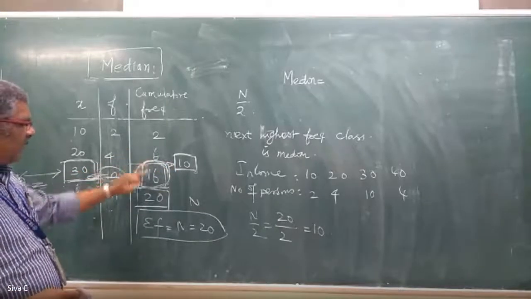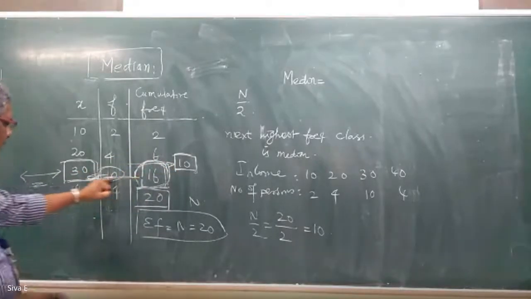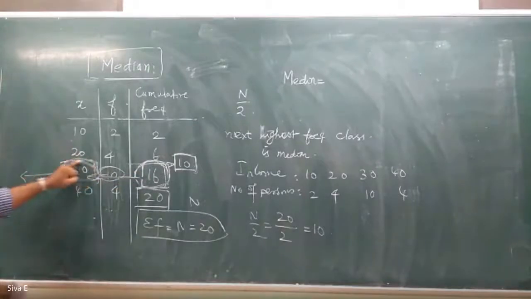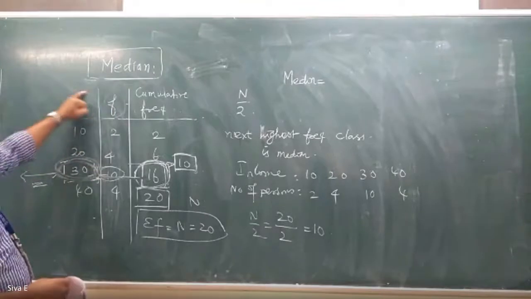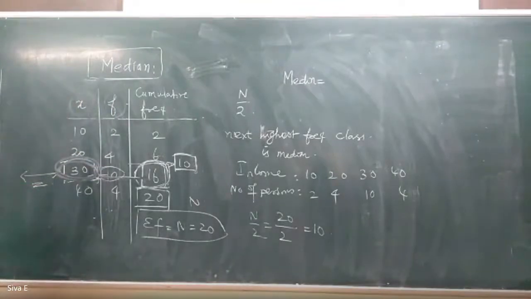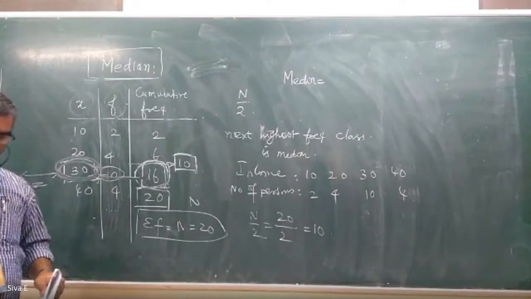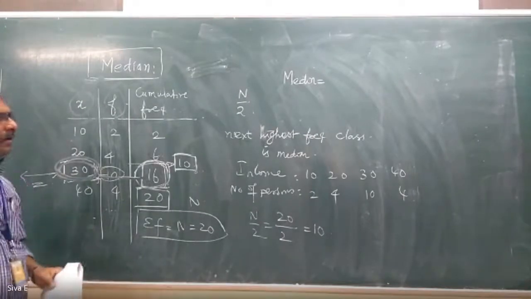Next highest cumulative frequency is 16. The respective x value is 30. You should not take the frequency value, you should take the x value as median. Understood? Are you there? Yes, sir.